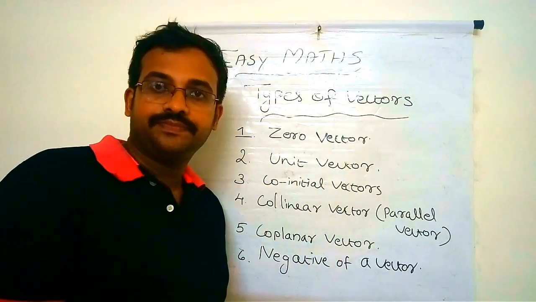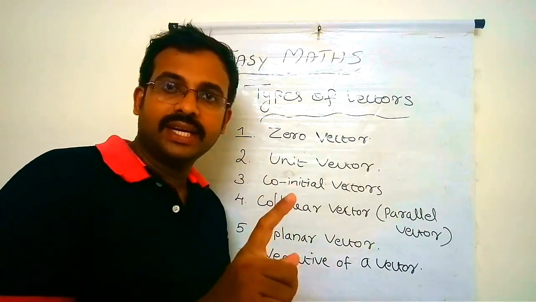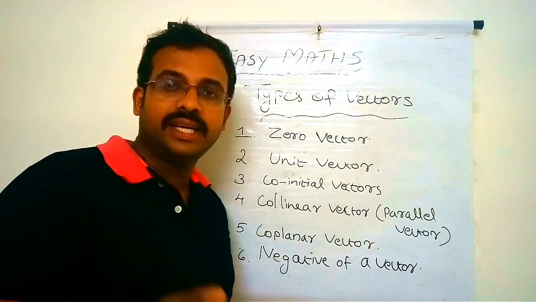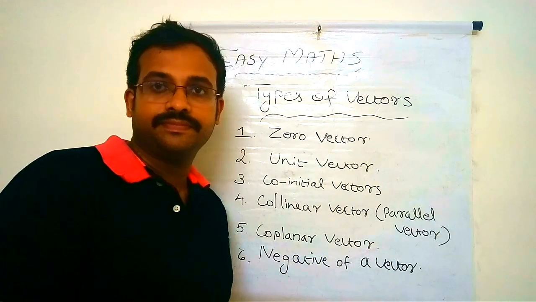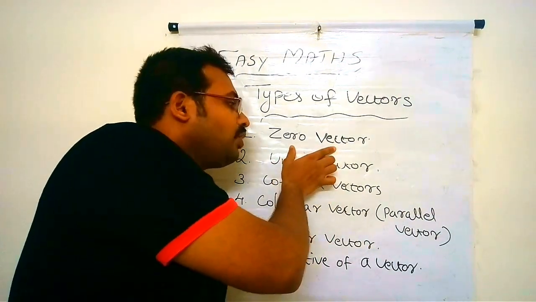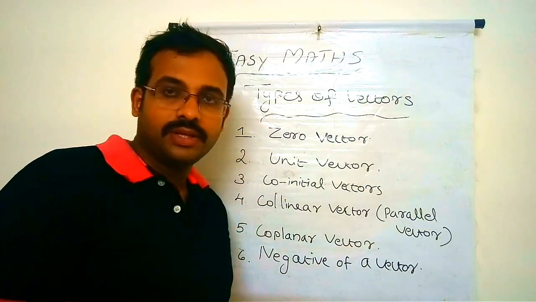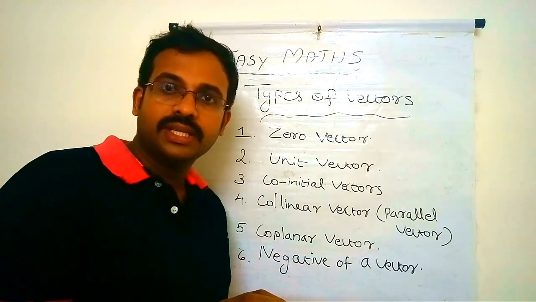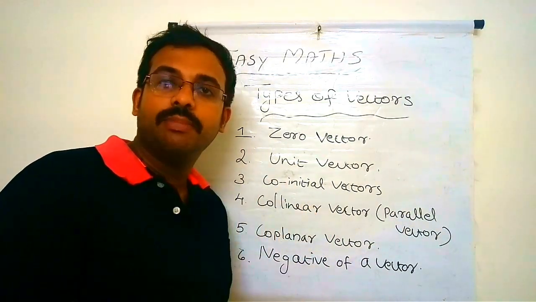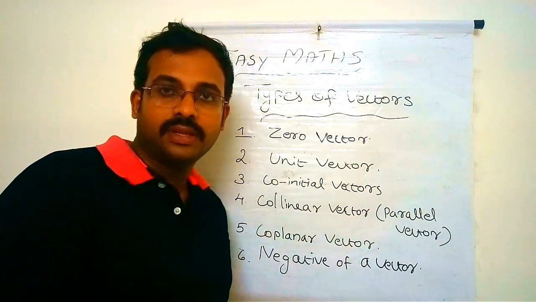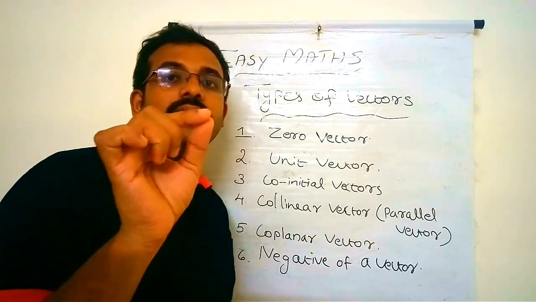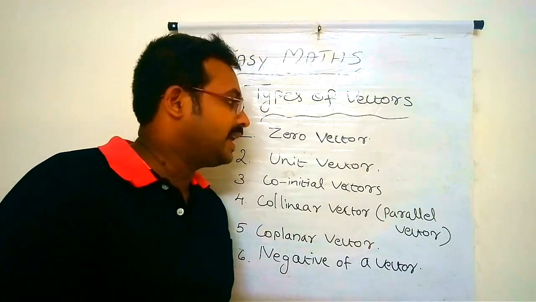Zero vector: when can we call a vector a zero vector? A zero vector has magnitude 0. Magnitude 0 means the initial and terminal points are the same, that is, they coincide.